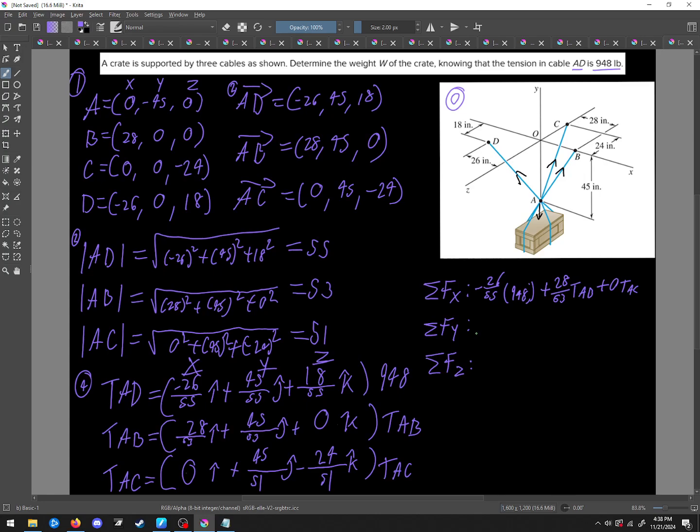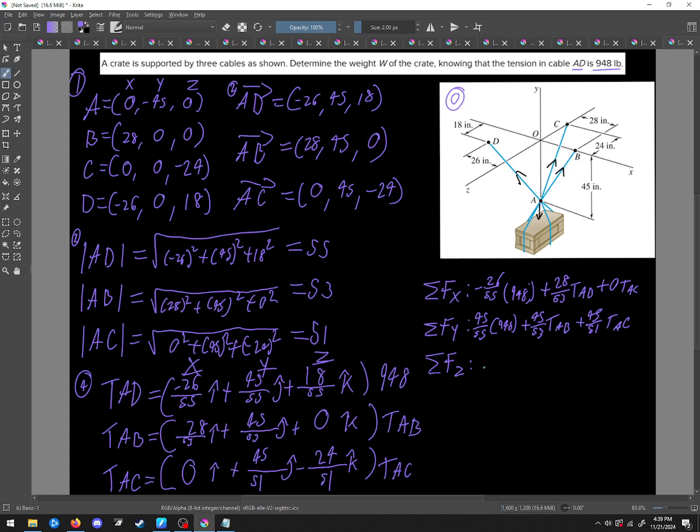Sum of the forces in the Y direction. This is going to be 45 over 55 times 948 plus 45 over 53 TAB plus 45 over 51 TAC.